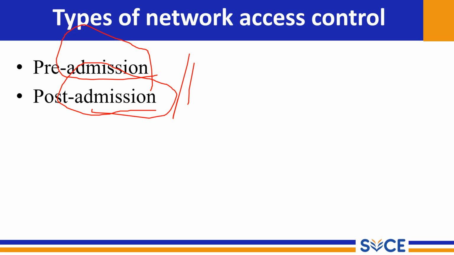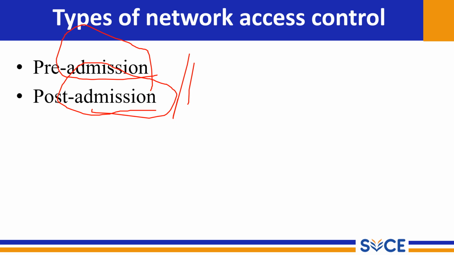And post-admission re-authenticates users trying to enter a different part of the network. It also restricts lateral movement to limit the damage from cyber attacks. So these are the types of network access control.